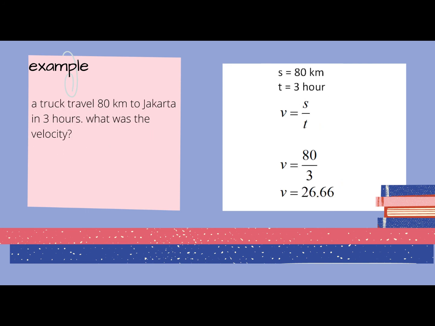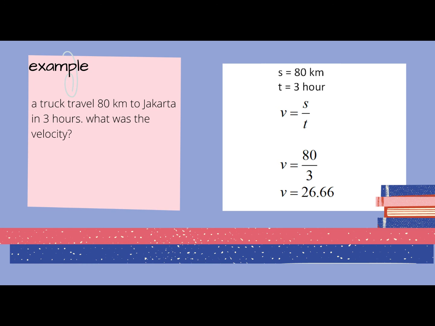Okay, next, the third question. A truck traveled 80 km to Jakarta in 3 hours. What was the velocity? First, you write down the known like this: S equals 80 km and T equals 3 hours, and then you write down the formula.